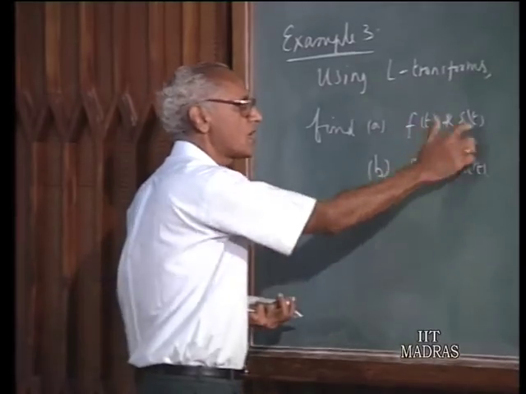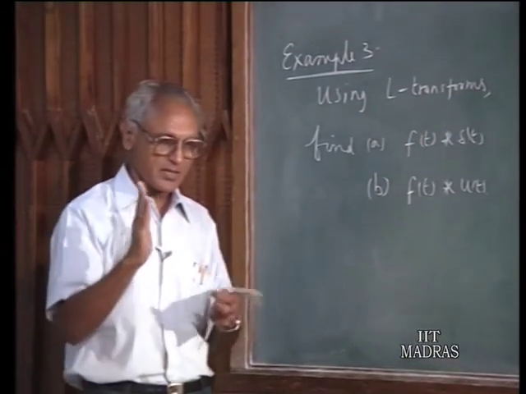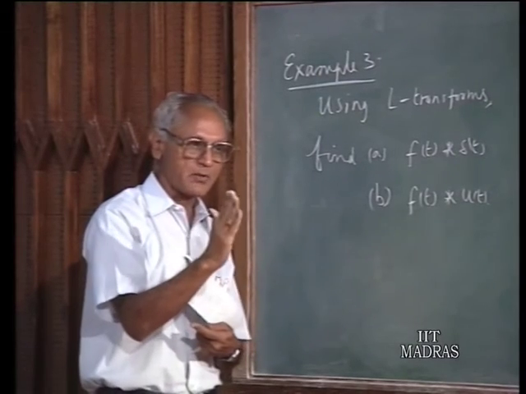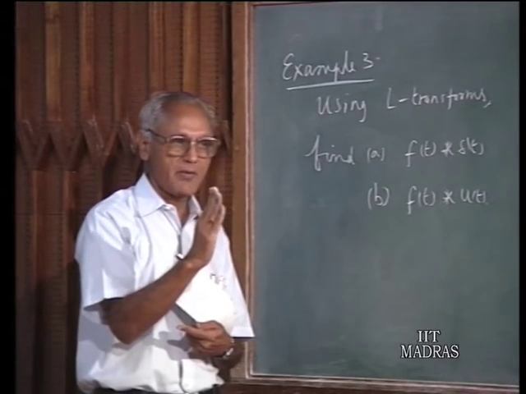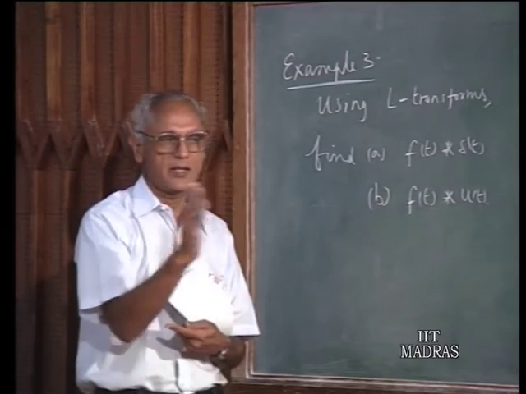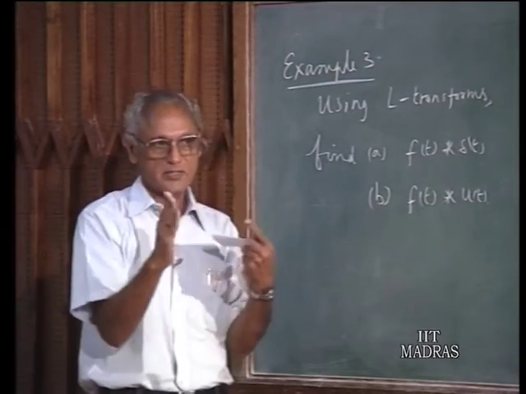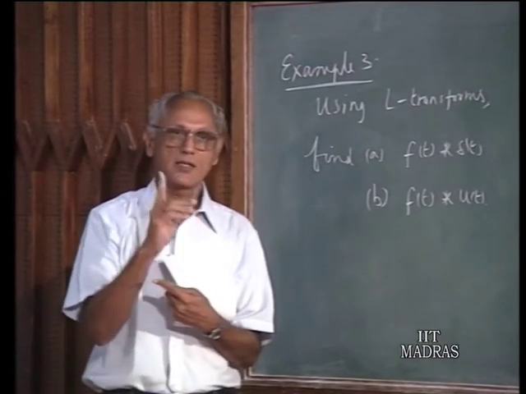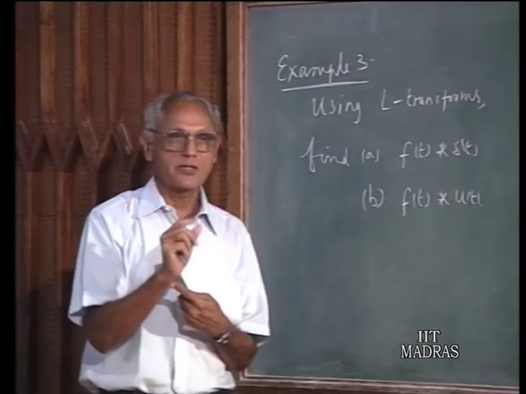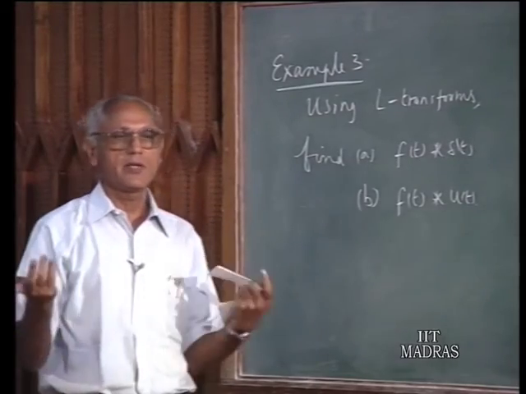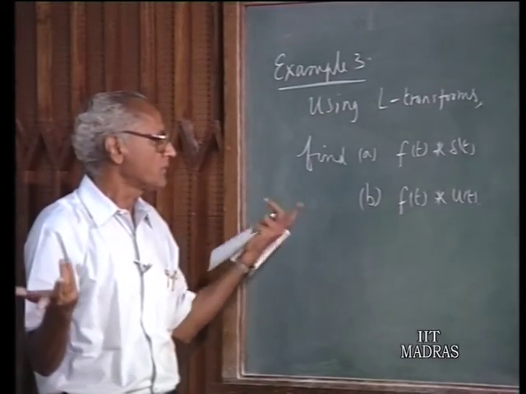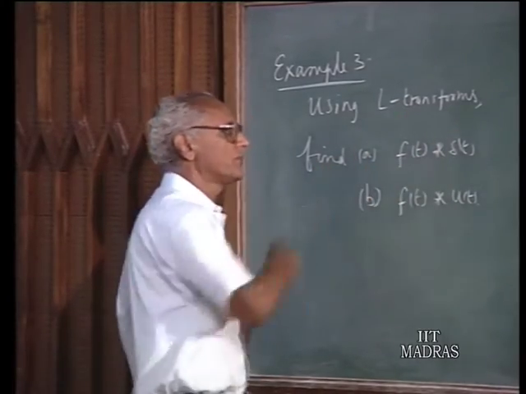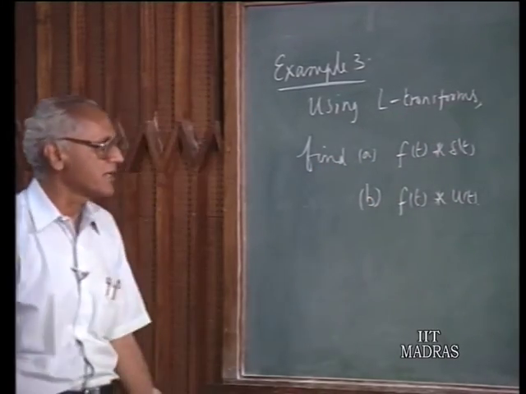That means f of t star delta t is f of t itself, because the delta t scans this function as it moves along, and at any particular point the product of the displaced delta t and f of t gives the value of the function at that point, which is the magnitude of the impulse. When you integrate, the convolution must result in f of t itself.